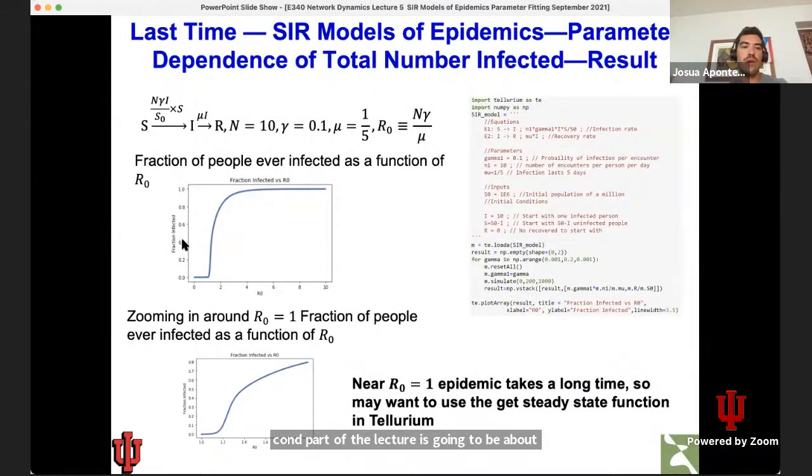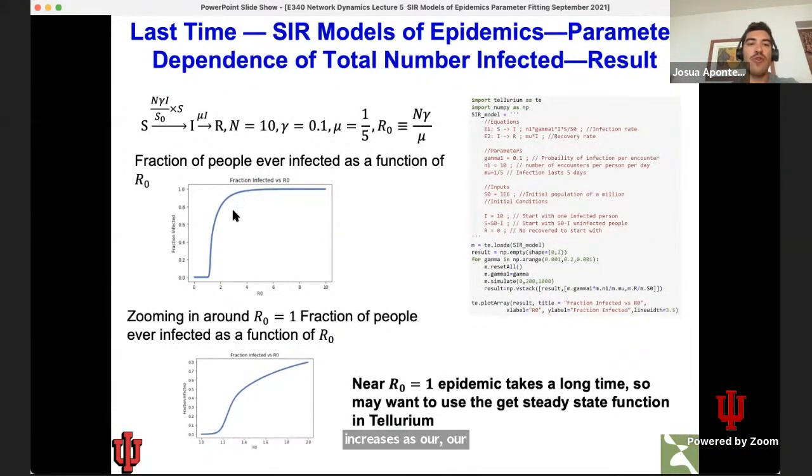So additionally, we looked at how some of these important indicators of the epidemic depend on the parameters, specifically how they depend on R naught. And what we looked at is that the number of people that would get infected during the epidemic increases as R naught increases.